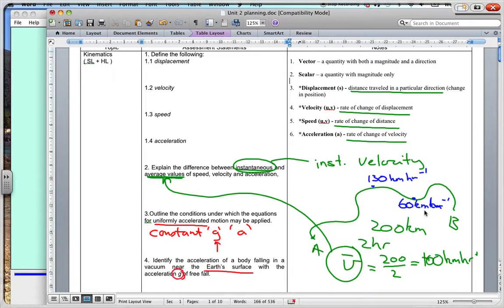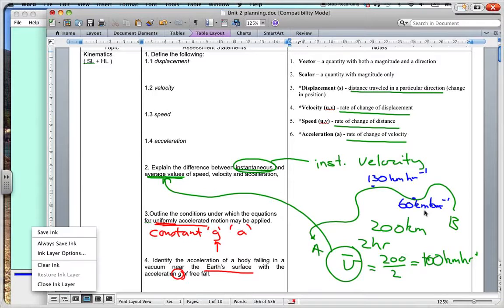So when you've got a constant acceleration, a uniform acceleration motion, we have the equations of motion. I'll be showing those in the next video. So that's it for the moment.